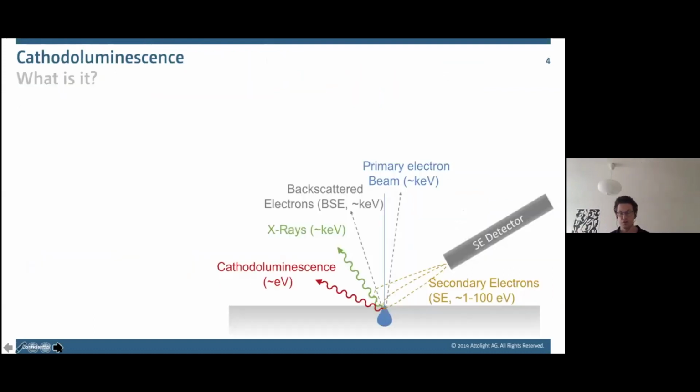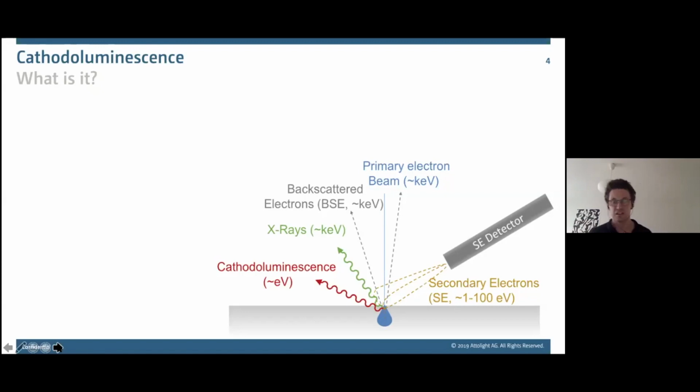So the first thing that I need to tell you is what is cathodoluminescence. When you shoot electrons at a material, they can do several things. The first and simplest thing that can happen is your electron can bounce back, and then it's called a backscattered electron, or it can trigger some ejection of low energy electrons.